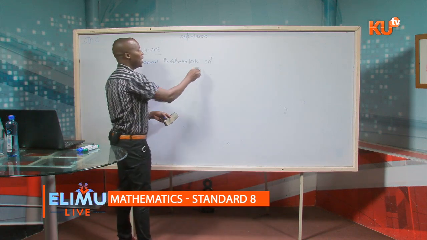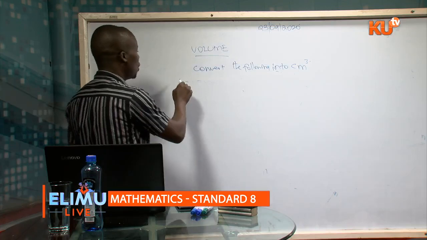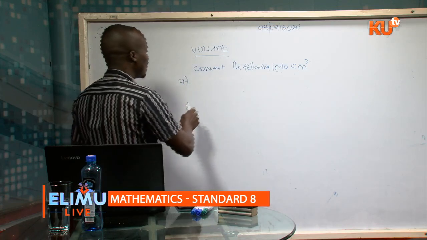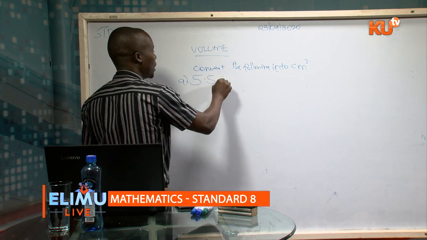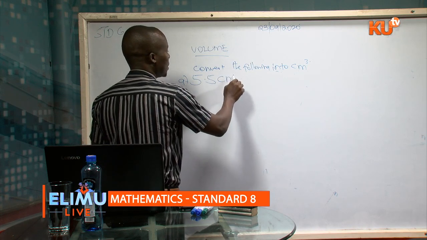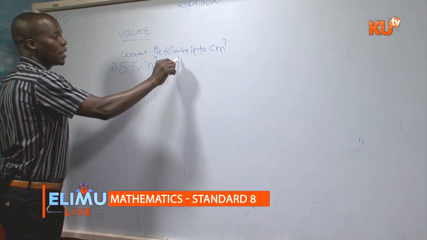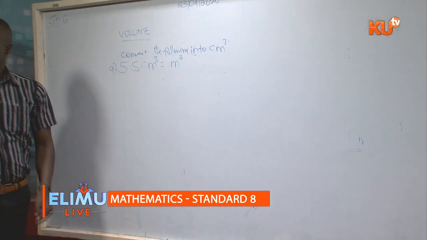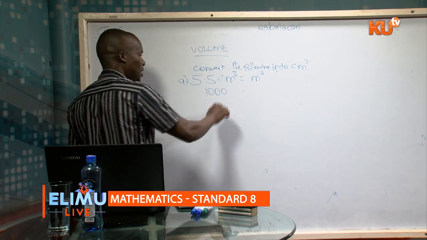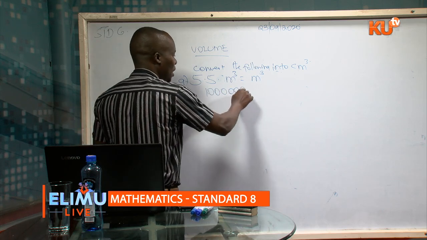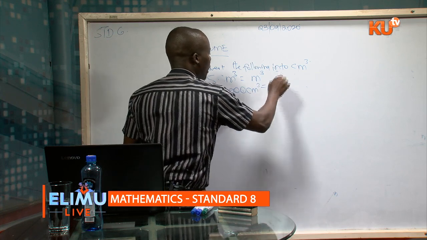Let's now convert into cubic centimeters. So, convert 5.5 cubic meters into cubic centimeters. The same way, what I said earlier is that 1 million, stick to that, 1 million cubic centimeters is 1 cubic meter.